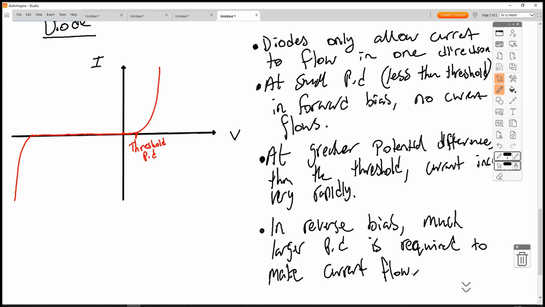And then on this graph, we'll just label this as the forward bias and this side as the reverse bias. And that's the end of 5.1.2.